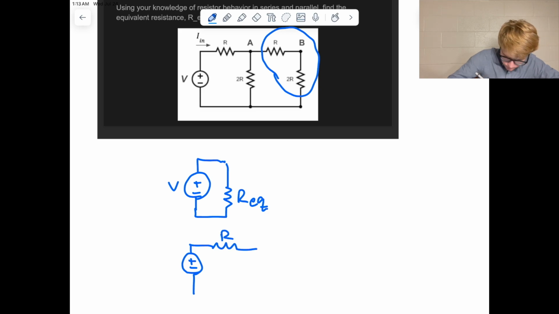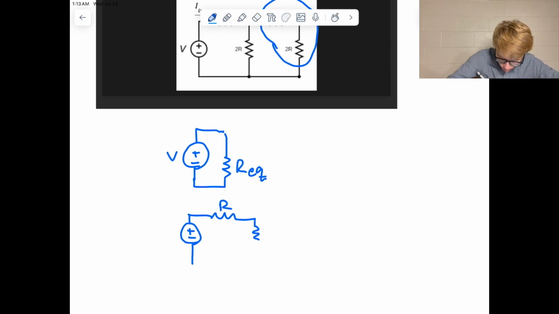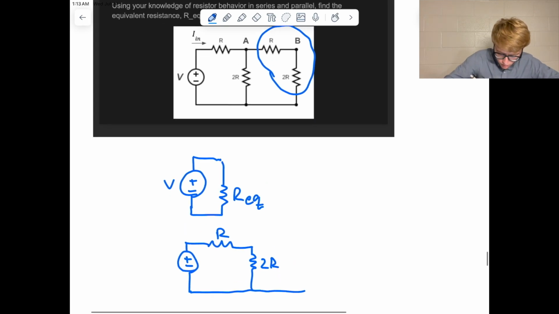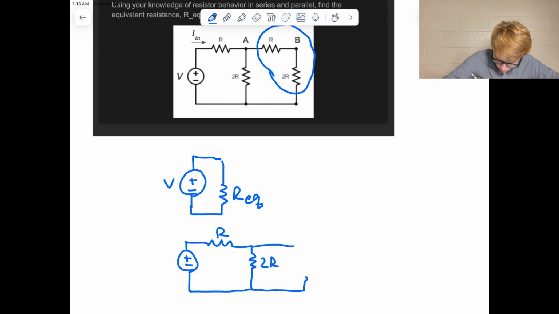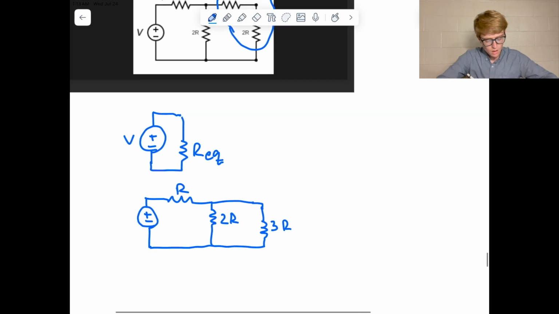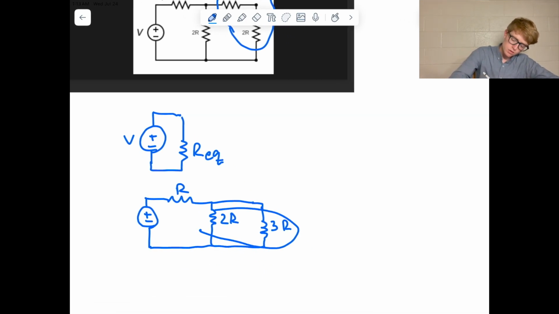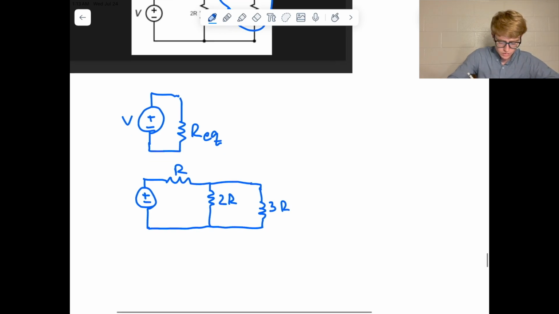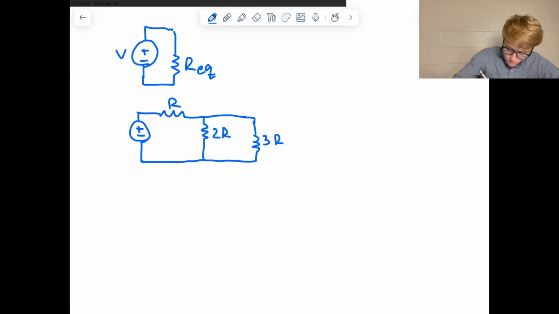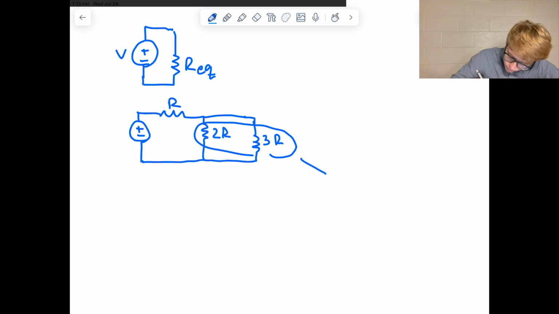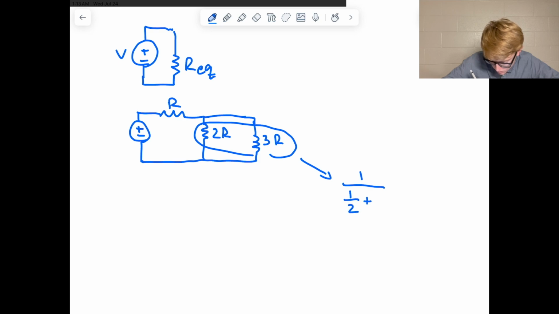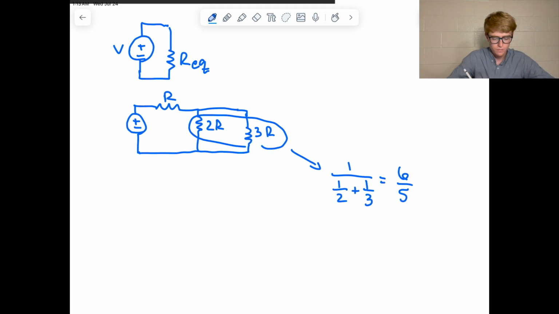So we've got R, this is going to be 2R still, and that resistor, those will add up because they're in series, so that'll be 3R, okay? And now it's clear that these two resistors are in parallel, so we can simplify this again. So if we take these two, the equivalent resistance there will be 1 over 1/2 plus 1/3, and that's going to be 6 over 5, okay?